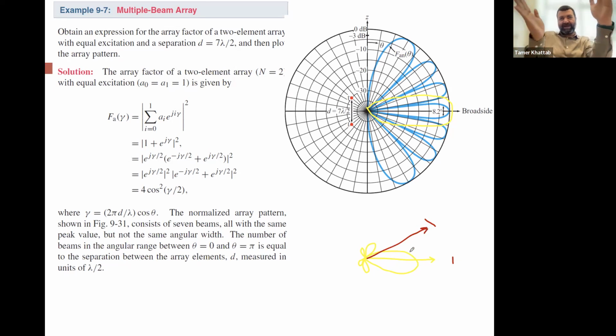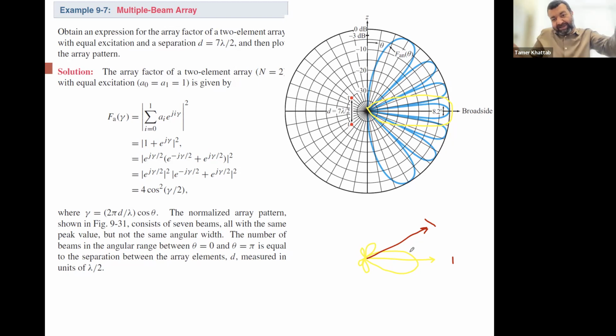My antenna rotates to track the receiver, so that when the receiver is moving, my maximum radiation still goes in the direction of the receiver. I'm steering the beam, the maximum value, to always point in the direction of the receiver.